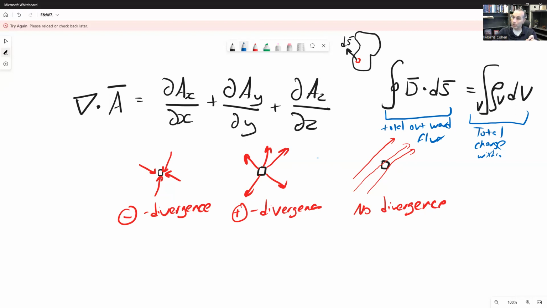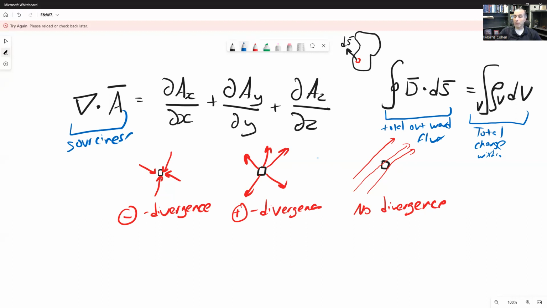Positive charges are sources and negative charges are sinks. And so this divergence is convenient because it is basically a measure of sourciness, right? If it's positive, then you've got a very sourcey location, lots of field lines popping out. If it's negative, then it's sort of unsourcey because things are being sucked into it. It's like a drain.